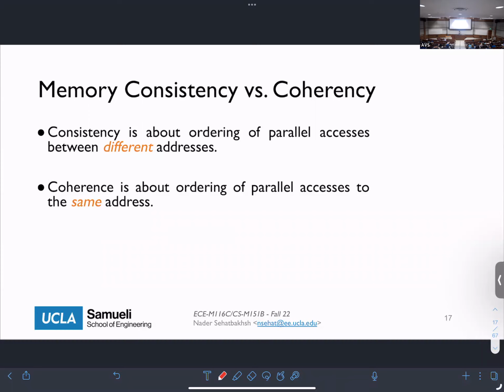The fact that the timings are messed up and the reordering can mess things up even more gives us consistency problems, because the value that we assume we're going to get really depends on the timing. Coherency was about writing to the same address and reading from the same address, which could also be messed up because we have private caches. Okay, so these are two different things, kind of relevant, both caused by the fact that we have multi-threaded programs, but two separate problems, right?